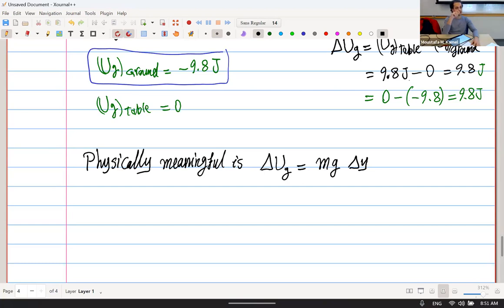Delta y is a distance you can measure with a ruler independent of your choice of coordinates. You can shift the origin wherever you want, but the distance is the same. This pen doesn't change if I measure it from here to here or from there to there. It's the same length, okay?